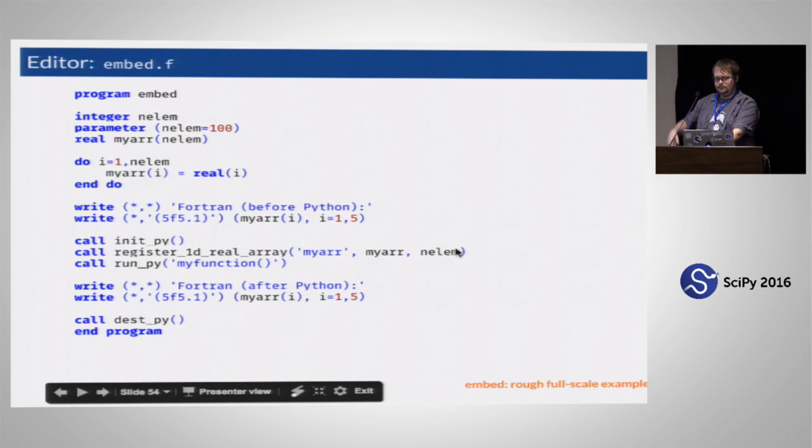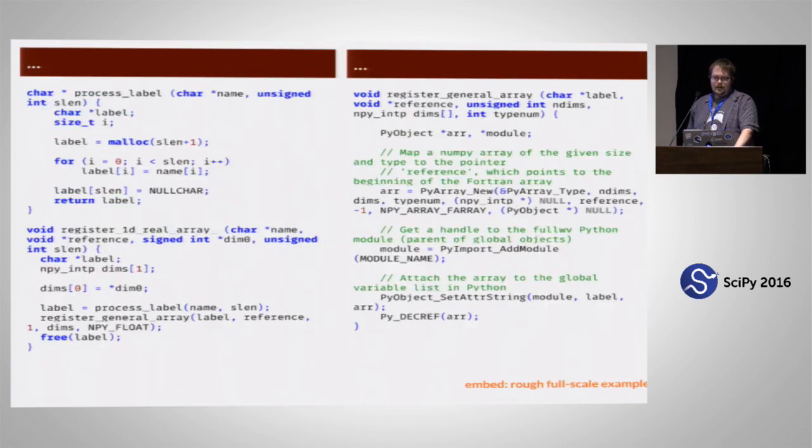And then you say, how long is it? And it constructs a NumPy array around that. But instead of making a new empty array full of zeros or something like that, it just points at the location in Fortran memory, which is really bad isolation. But if all you're trying to do is have a way of overriding bits and pieces of the Fortran code, it kind of makes sense.